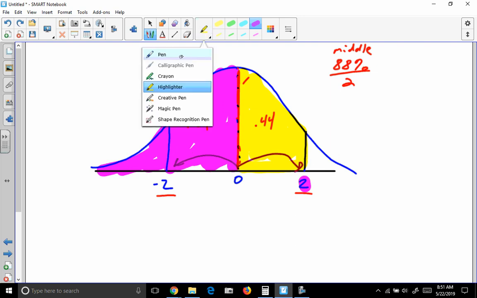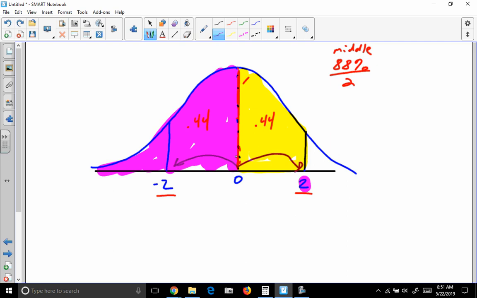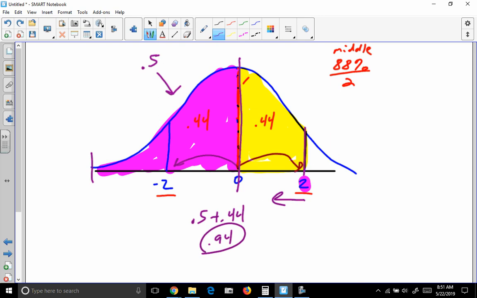The purple is all the area to the left of the center, so that area is 0.5. If we take all of this area and this area, put them together, then the area to the left of that particular z value is 0.94.